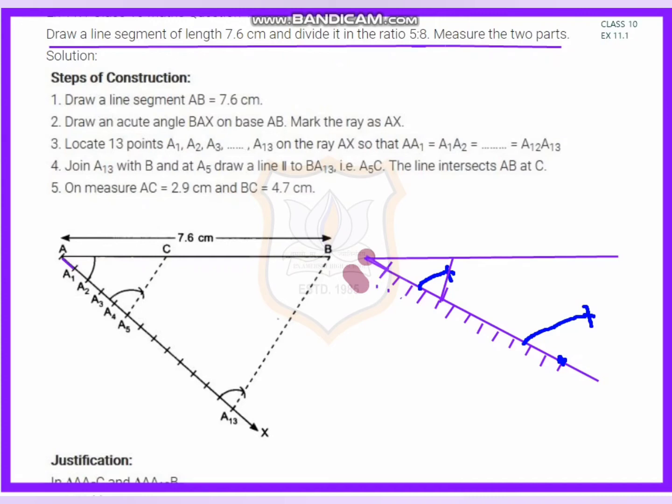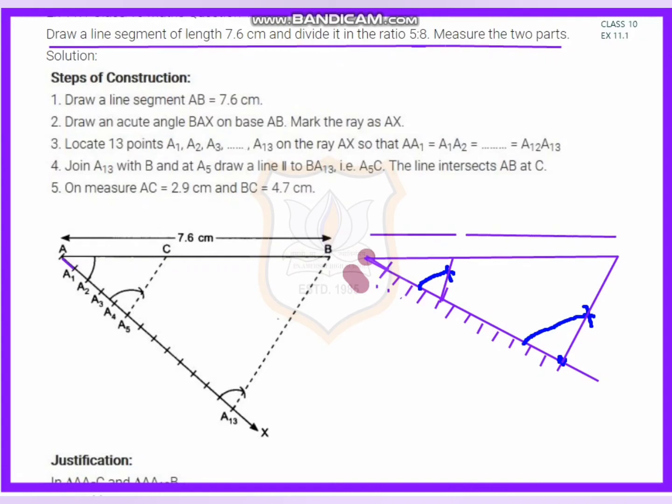By using this center and this arc, I have to join this line. This is the line which cuts the line. Both lines should be parallel, and we have to measure, this is the first part and this is the other part.